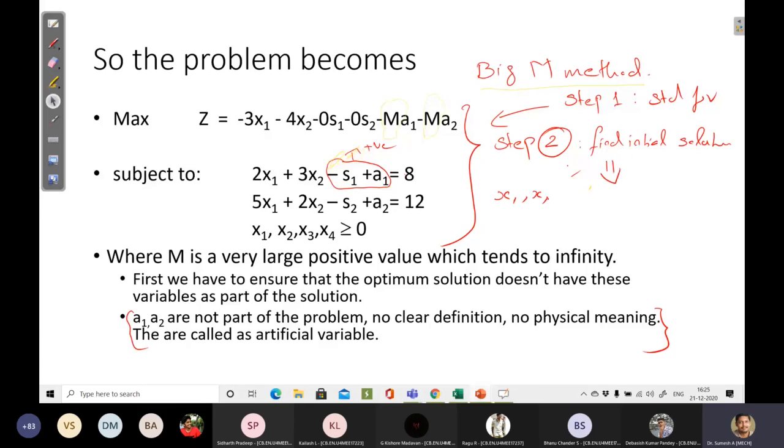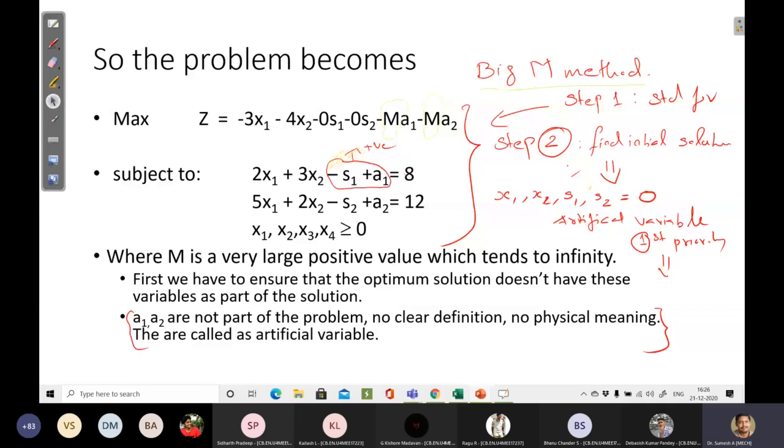So the variable that is entering first into your solution space will be the artificial variable. If an artificial variable is present in any of the constraints, that will have the first priority to get eliminated, then followed by the slack or surplus variable.